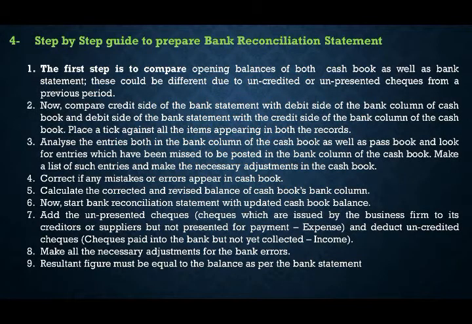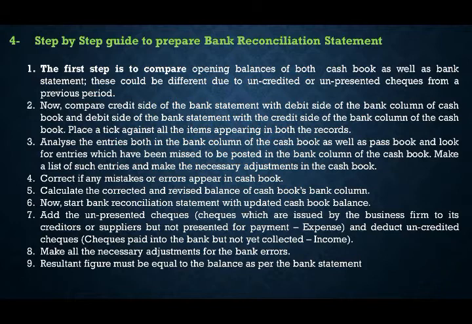In step 7, you have to add back the unpresented checks that are issued by your business firm to your creditors, suppliers, vendors, but have not been presented for payment by the vendors till date.